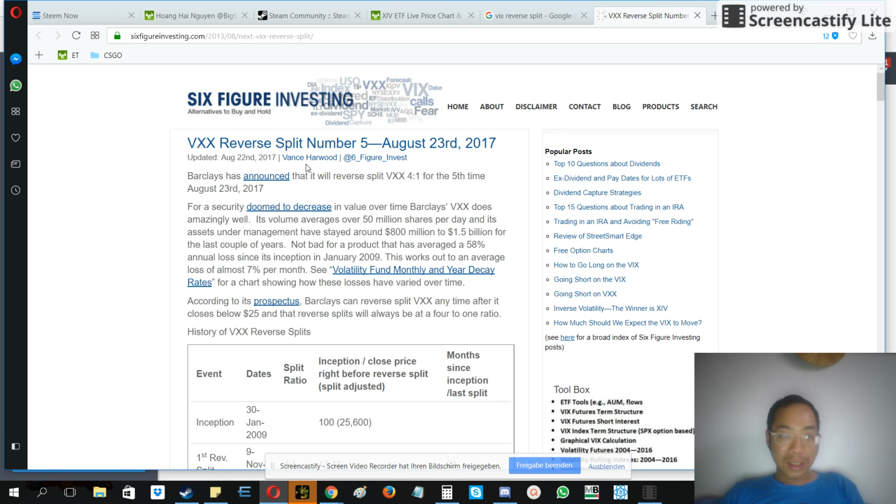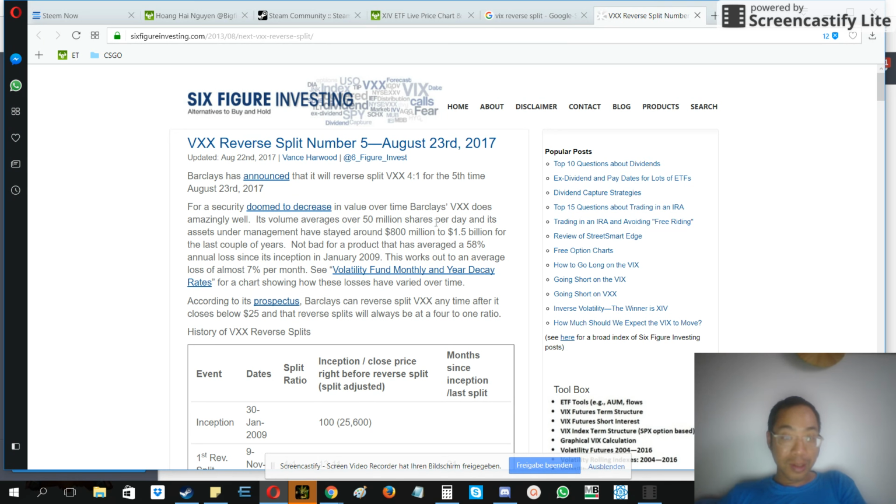Barclays announced that it will reverse split 4-1, for the 5th time, on August 23, for a security doomed to decrease in value over time. It's Barclays that is doing this reverse split.